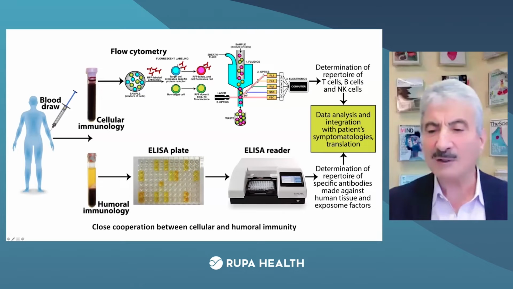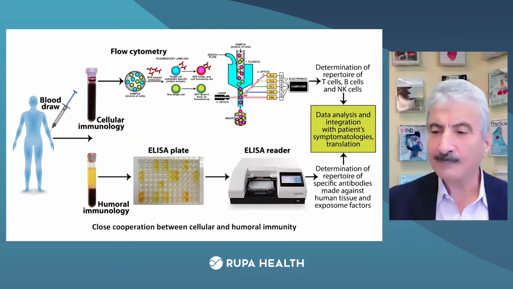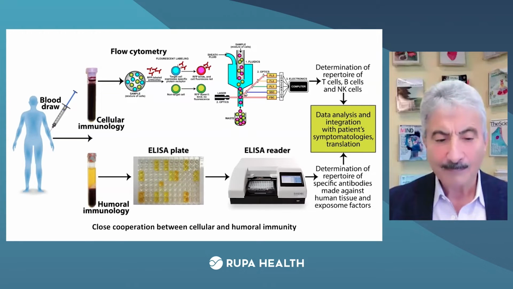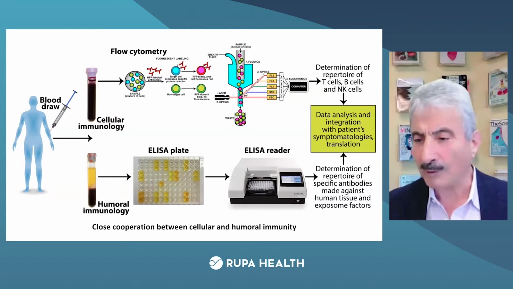The computer is going to count them with high accuracy and report them as a percentage and total number of T cells, B cells, Th1, Th2, Treg, NK cells, and so forth.